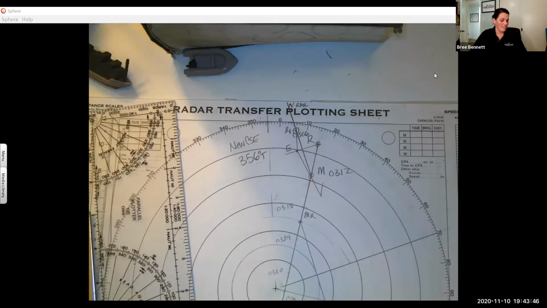I'm sorry. Let's skip to number 4. I should have looked at these ahead of time. Oh, this has changed speed. I do want to do change speed. Hold on a second.